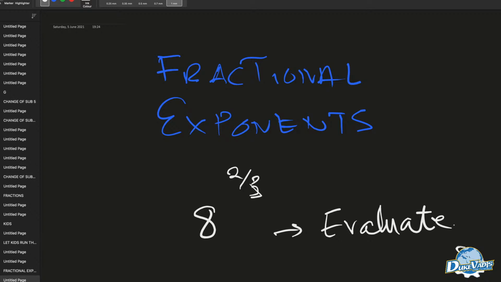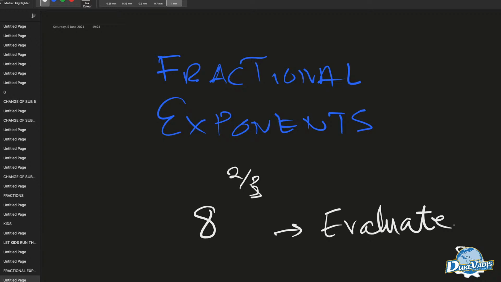My friends, this is just interesting. This could be an examination question which we are expected to evaluate, such a mathematical expression. So how do we go about this?